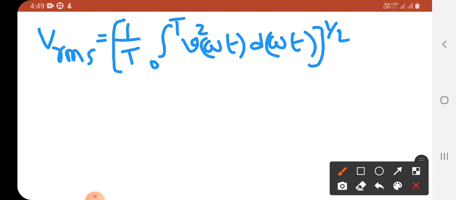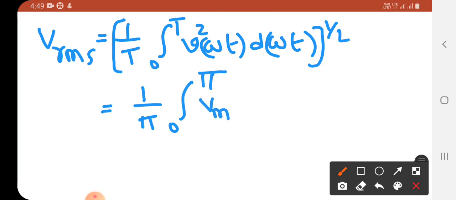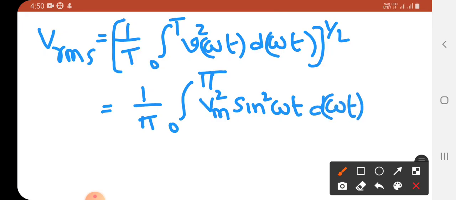Okay, so now let us substitute all these values. 1 by T, time period is pi here. 1 by pi integral 0 to pi V square, that means Vm square sine square omega t d of omega t, whole power half.